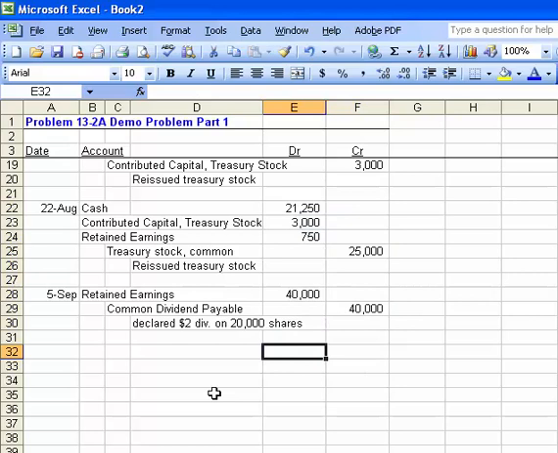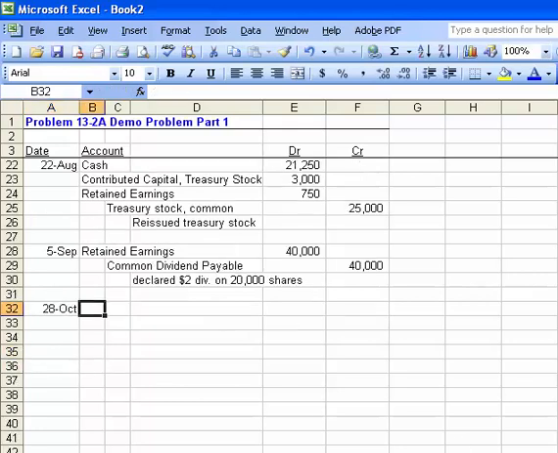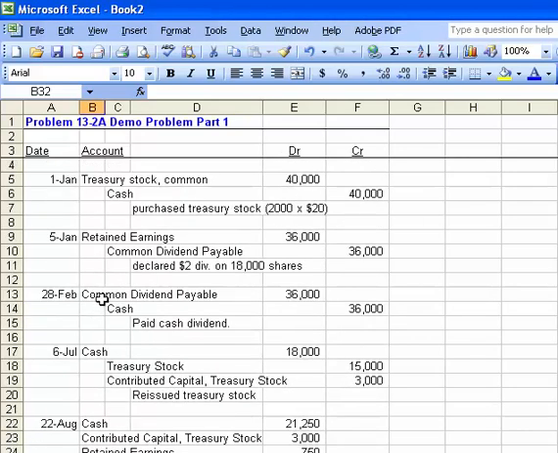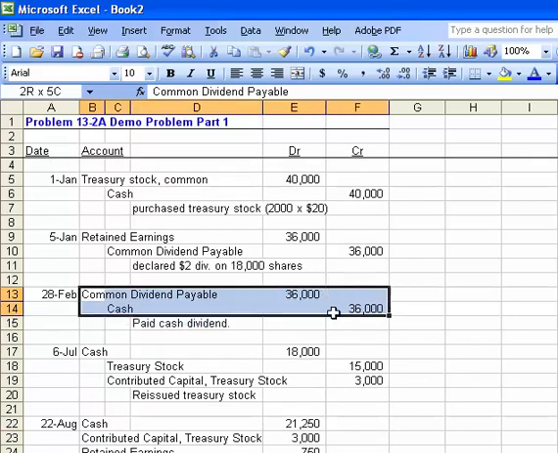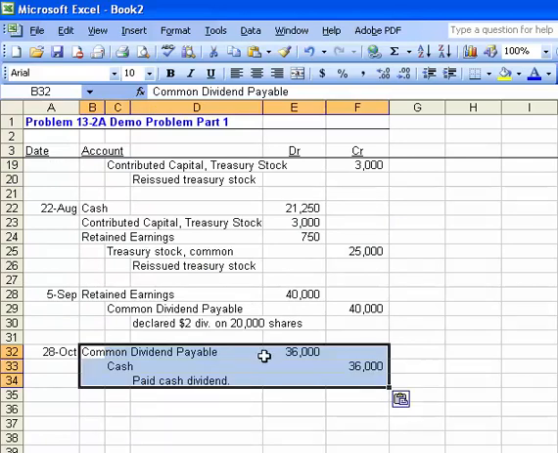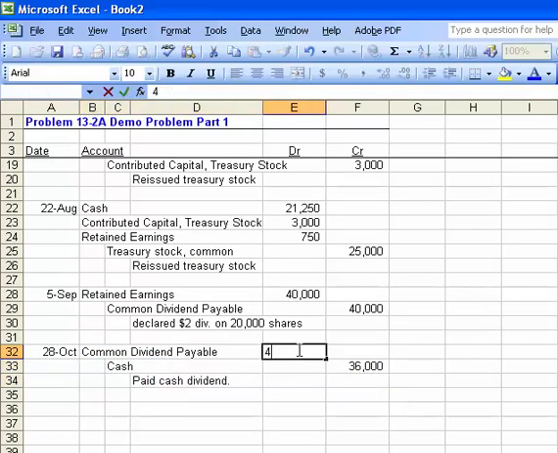That takes care of our September 5th entry. On October 28th, we pay the cash dividend. Again, I'm going to slide up to go get it and show that payment. And it's going to be just like this one, except that dollar amount is now $40,000.